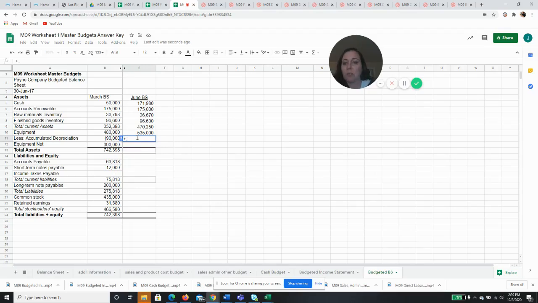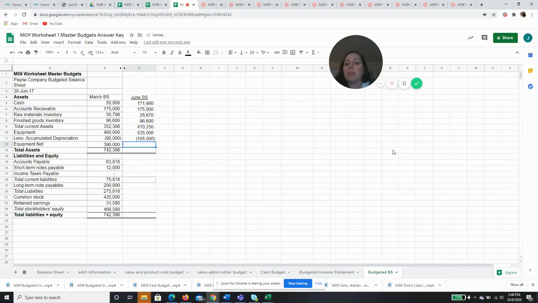All right, how about depreciation? So depreciation keeps accumulating. So we had 90,000. How much should we add? Well, remember it said our only fixed overhead cost was $5,000 of depreciation a month. So we're just going to subtract from that 5,000 times 3 months, because there were 3 months in the quarter.